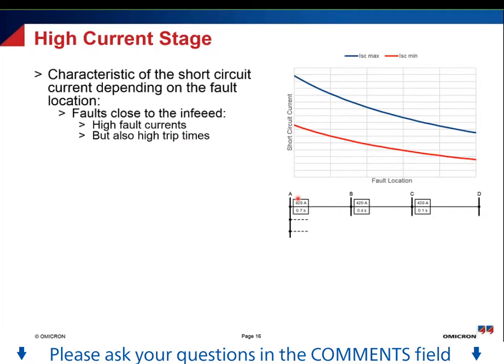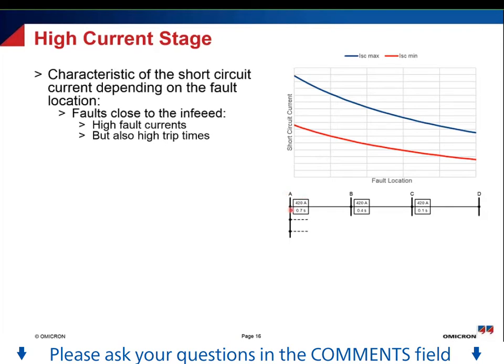If we look at the trip times here, faults between A and B will be disconnected with the longest trip time in this whole feeder. In this case, 0.7 seconds is the longest of my trip times. This can be even longer if I have more feeders with more segments in between. Then the trip times can go up to 1.5 seconds and longer.